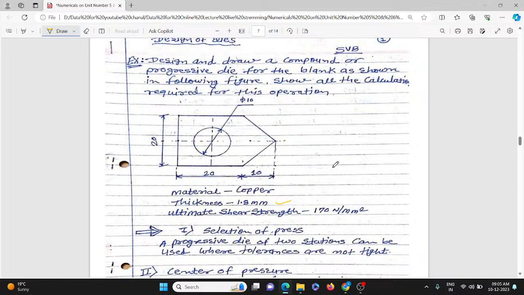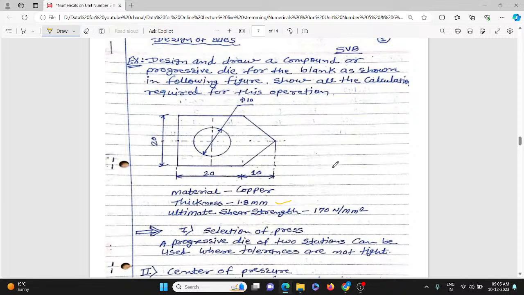In the numerical itself it is mentioned that you have to use a compound or progressive die. If you look at the component which you want to manufacture, it is unsymmetrical, and that's why first of all you have to calculate the center of pressure of this particular component. So what is center of pressure?